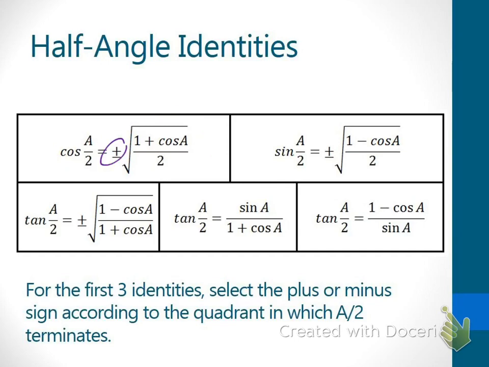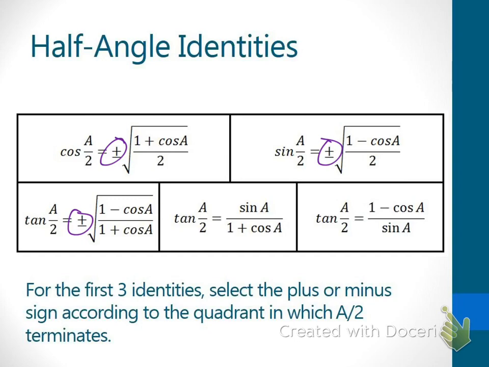But you'll also notice that tangent has 3 versions here, like cosine had 3 versions for the double angles. In the sine, cosine, and one of the tangent versions, there's a plus or minus. It's because, again, we're square rooting, right? And it stems from anytime you square root in an equation.